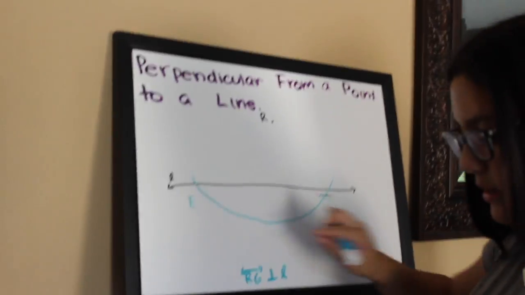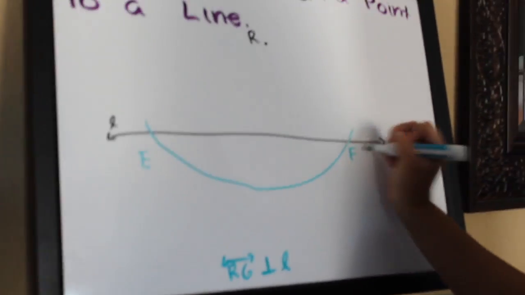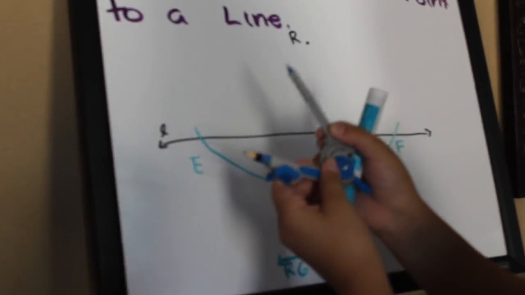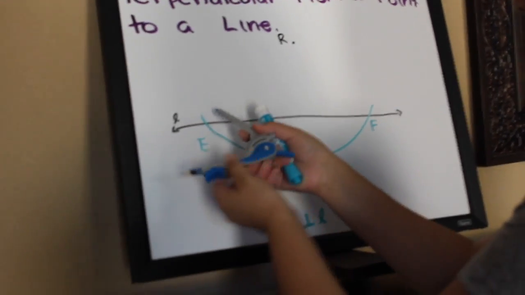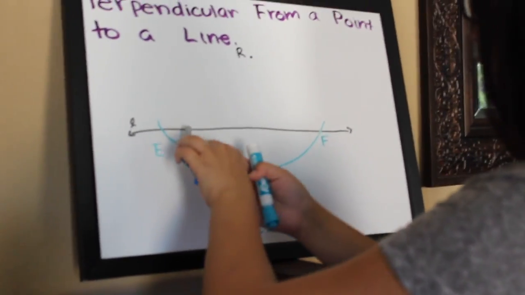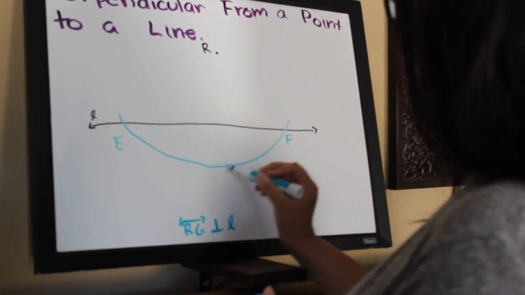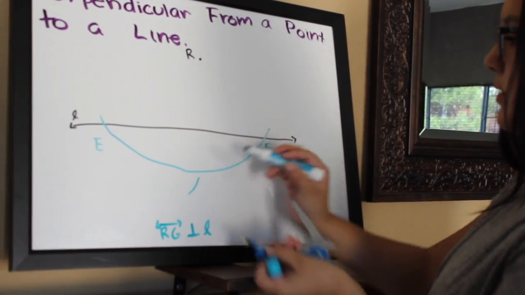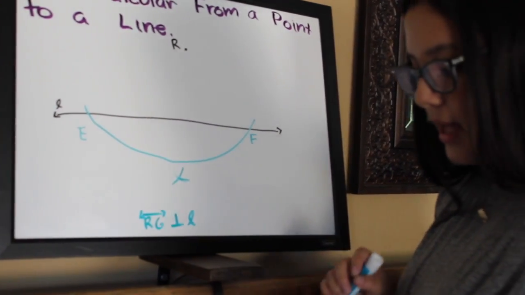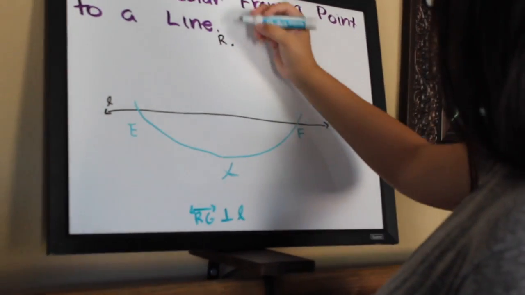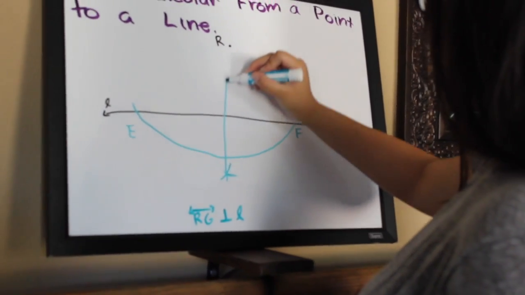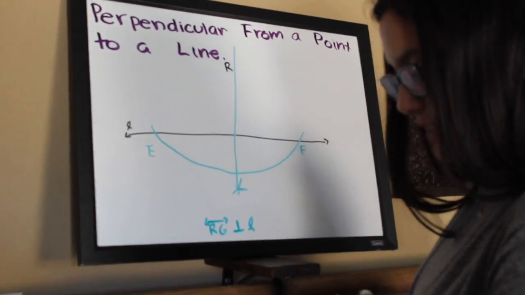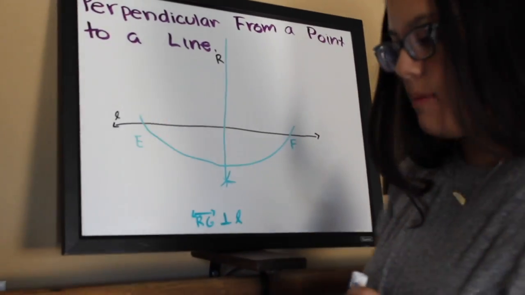So that's going to be point E, and this is going to be point F. And from one of those points, you are going to put the pointy side on it and then create a slash right in the middle. And then you're going to do the same thing with point F to make another slash down the middle. And then you're going to construct that to point R. And that is how you find a perpendicular line from a point to a line.